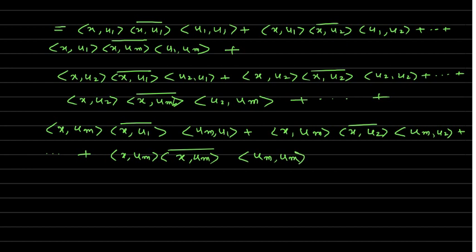So now let's look at this first one. It's x u1 conjugate, that's mod of, and u1 with u1 is equal to 1.